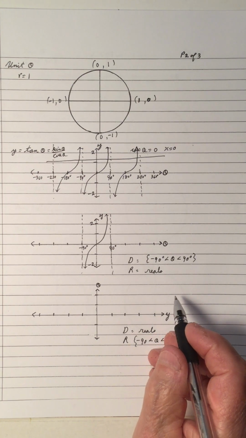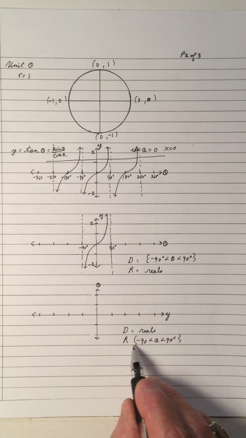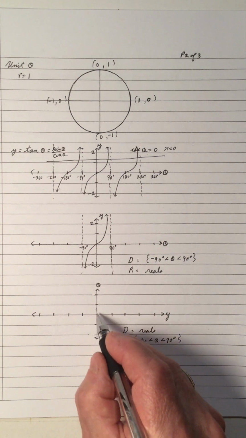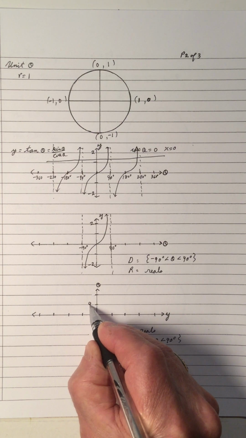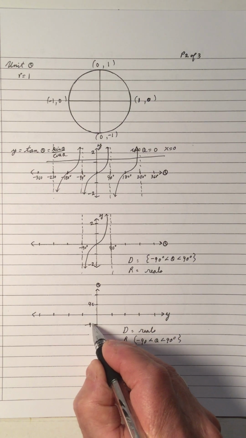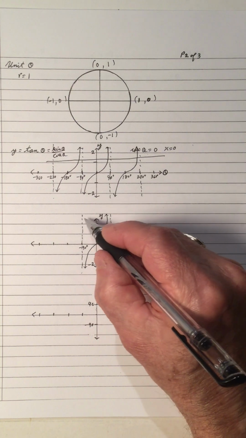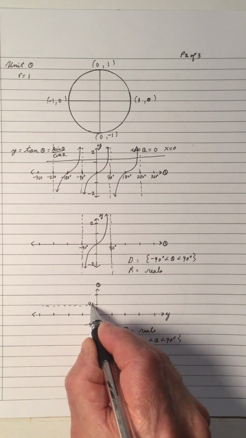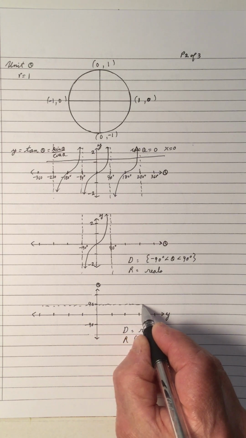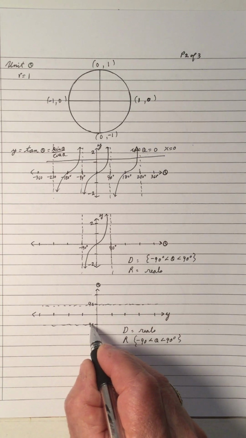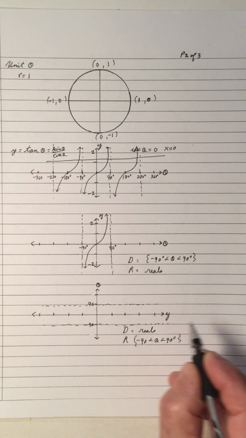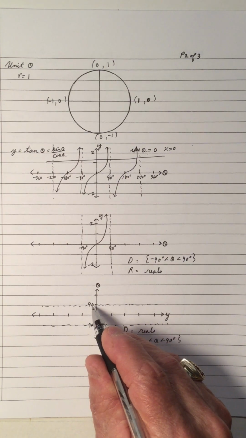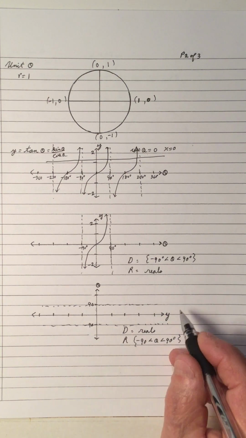So that means that if you think of it in relation to theta, 90 is here, and this is negative 90. So if these were vertical asymptotes, then these will be horizontal asymptotes, like this. And the horizontal asymptotes will be at 90 and negative 90.